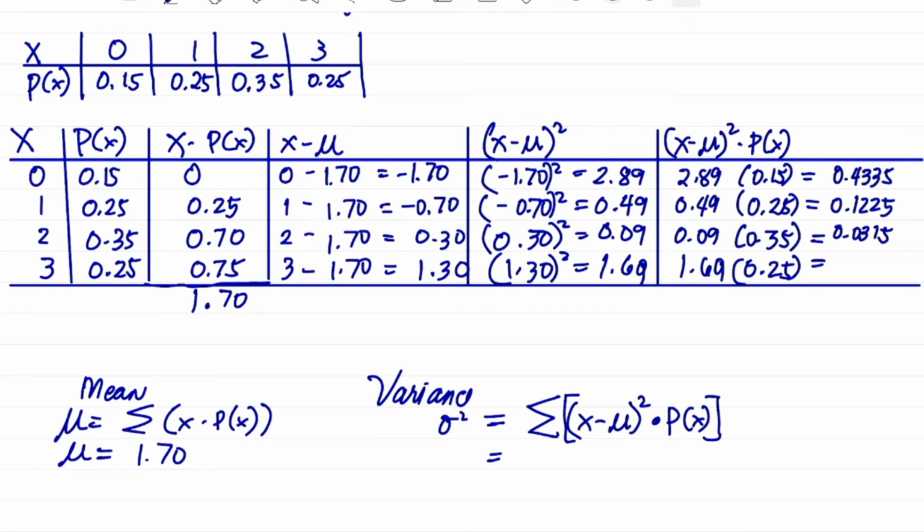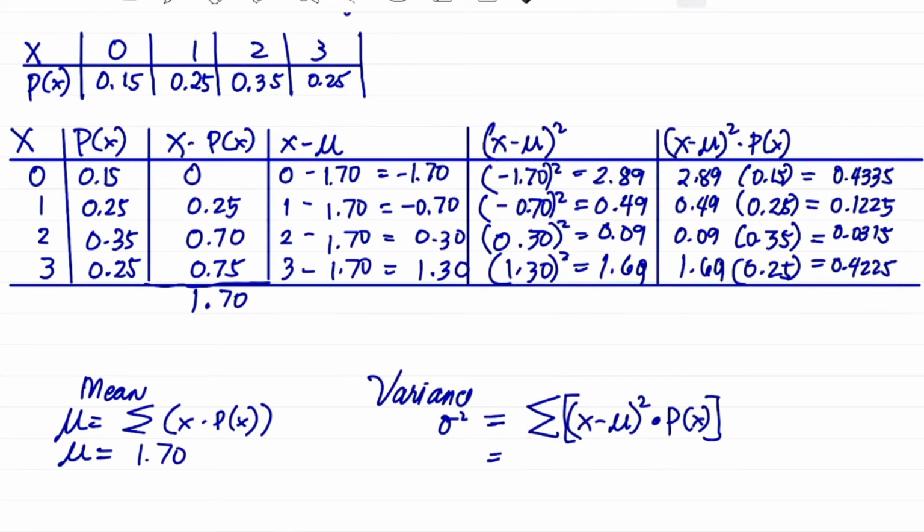And last, 1.69 times 0.25, that is 0.4225. Then find now the sum of this. So we are done now multiplying the probability to this. So find now the sum.